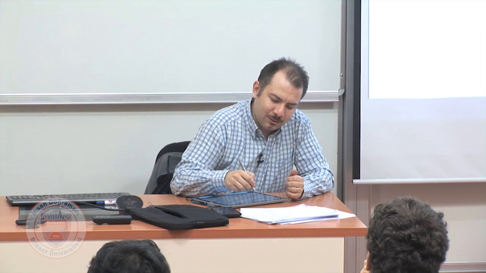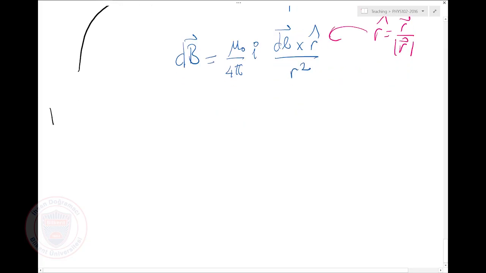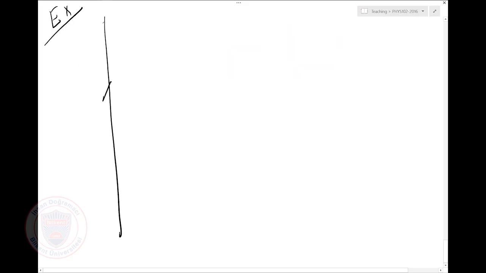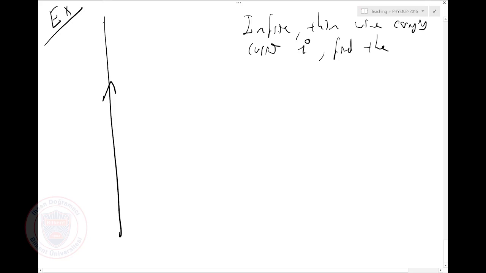So the problem I'm going to solve is, again, an infinite thin wire carrying current I. Find the magnetic field at a distance r away from the wire.